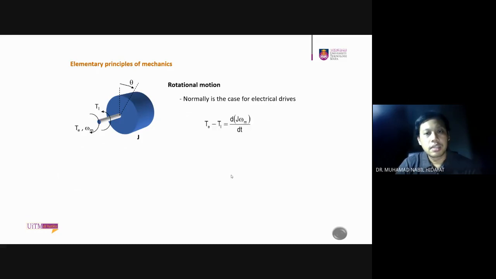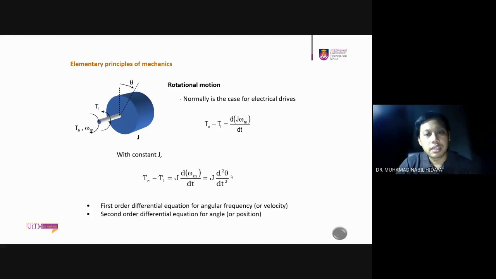You have the produced electric torque T in the positive direction, in this case clockwise, and the load torque TL is anti-clockwise, the opposite direction. The first order differential equation is for angular frequency, and the second order is for the position, the angle.